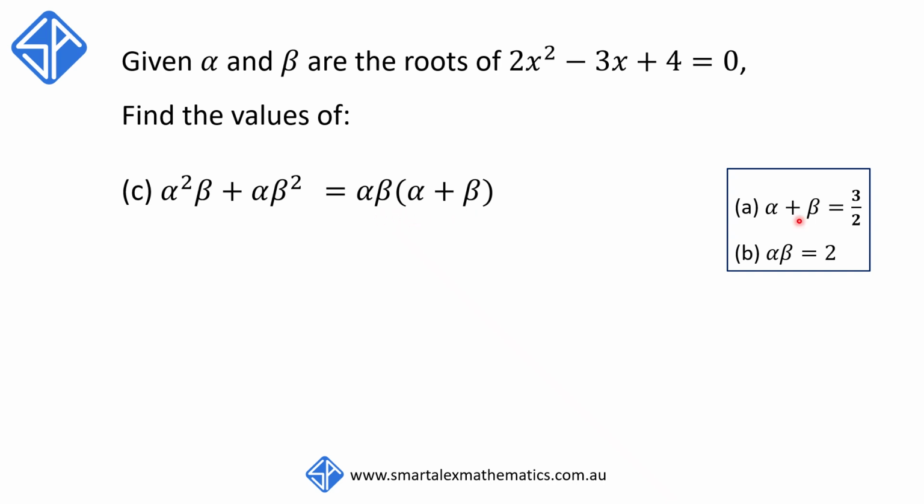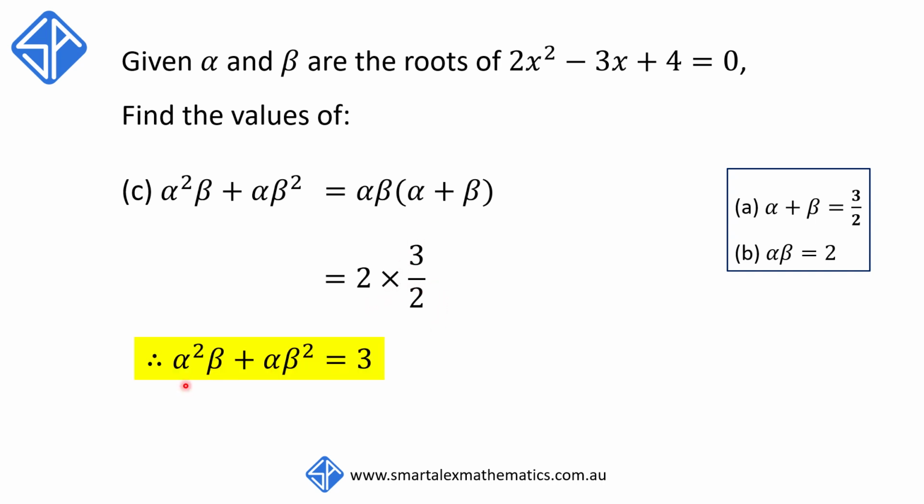Now remember our results from the previous slide. Alpha plus beta is equal to 3 on 2 and alpha beta is equal to 2. So we're going to replace alpha beta with 2 and alpha plus beta with 3 on 2. We have 2 times 3 on 2, and this means that alpha squared beta plus alpha beta squared is equal to 3.